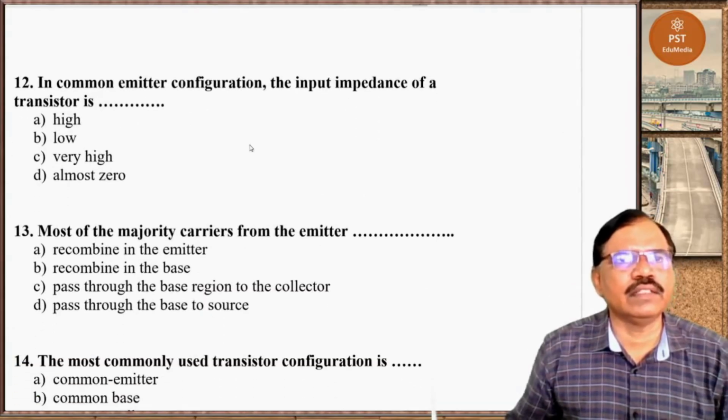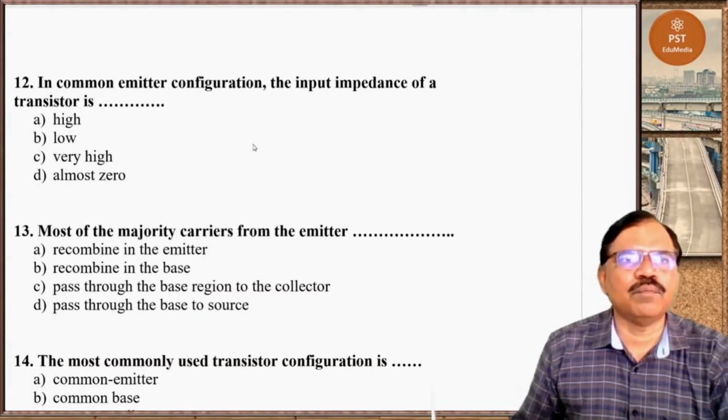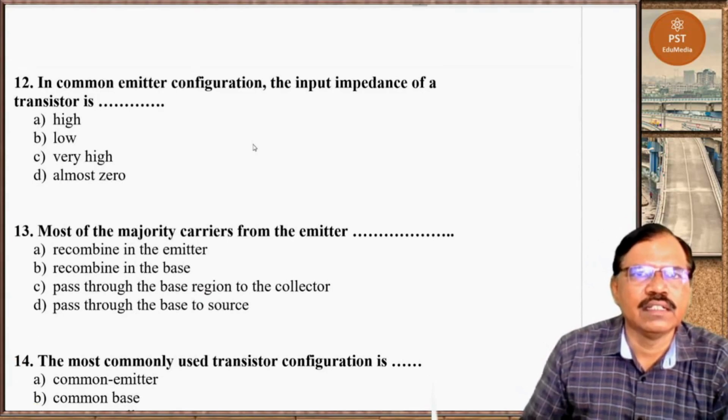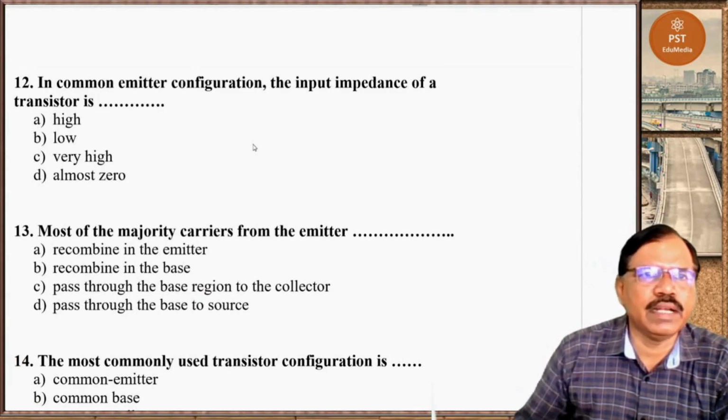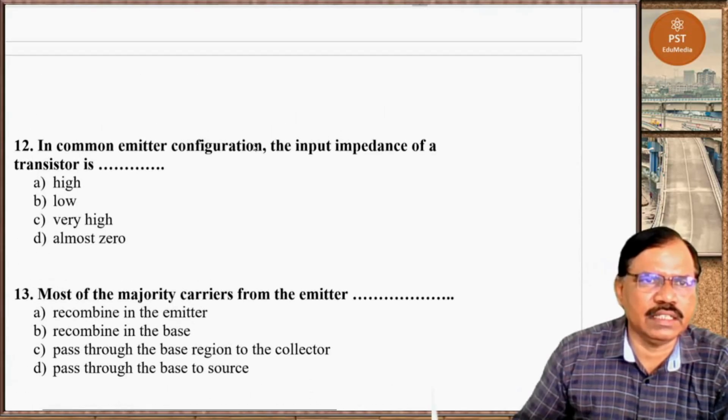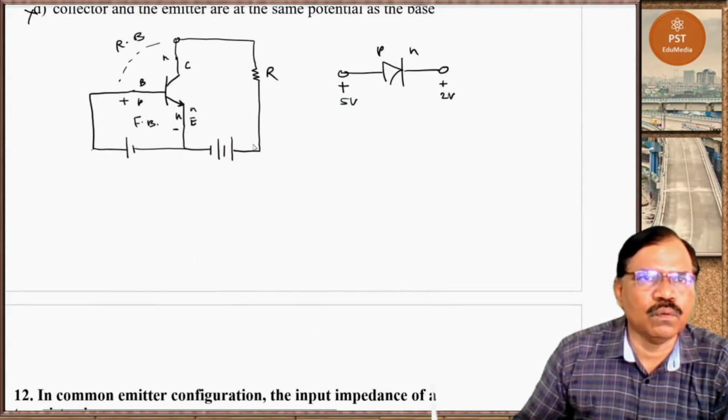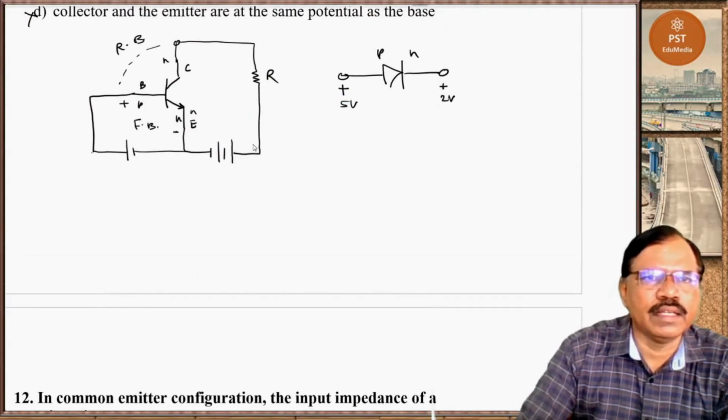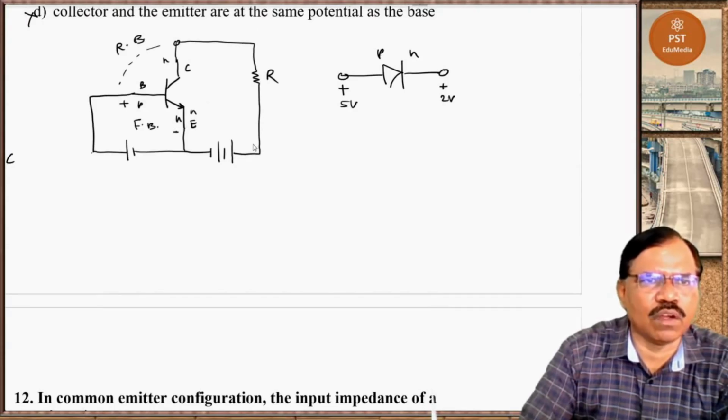Now next one, in common emitter configuration, the input impedance of transistor is. Now here we have seen this is common emitter configuration.